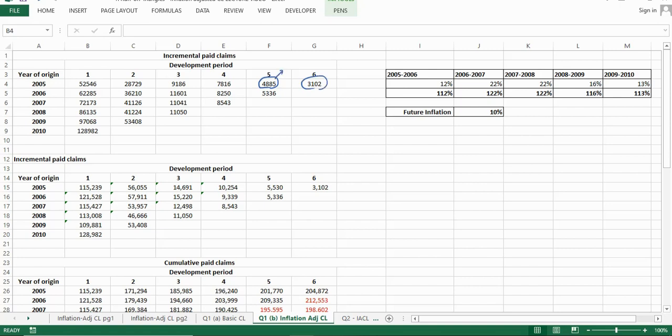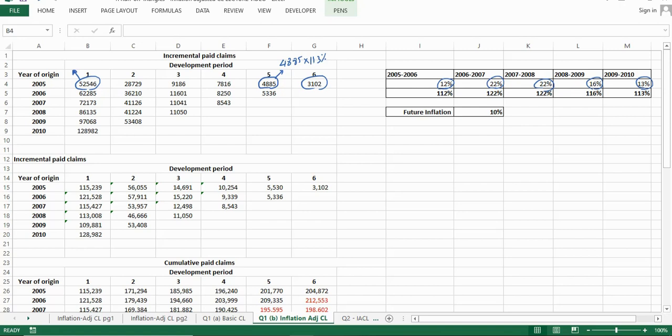So I need the corresponding value inflated with the inflation from 2009 to 2010, which is here. So it will be 4885 times 113%. So for example, this value is in 2005. So I need to adjust this value with the inflation of 05 to 06, 06 to 07, 07 to 08, 08 to 09, and 2009 to 2010.